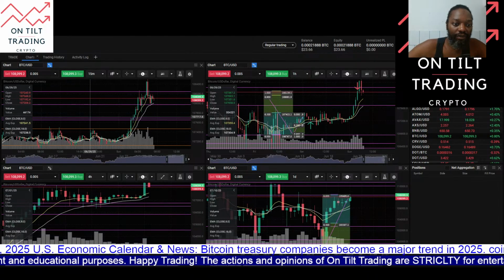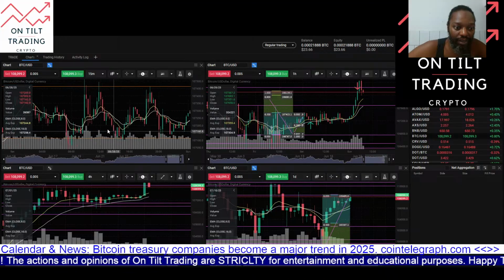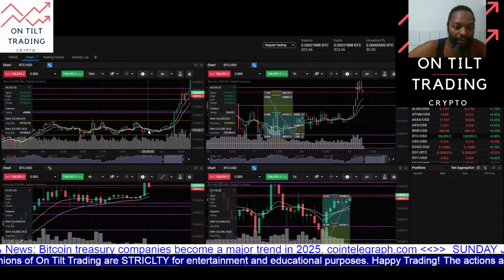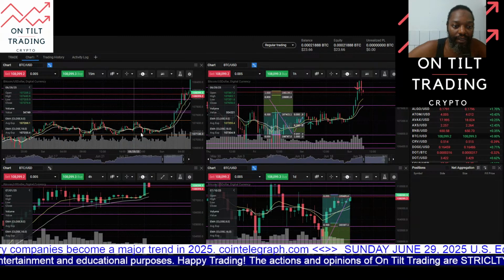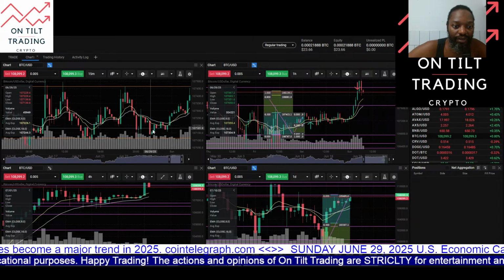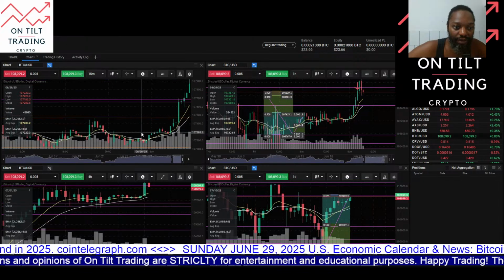And then if we're looking on the 15-minute, which I didn't take the trade off of, these orange lines here are the high and low of the Asian range of the overnight session, or earlier today.